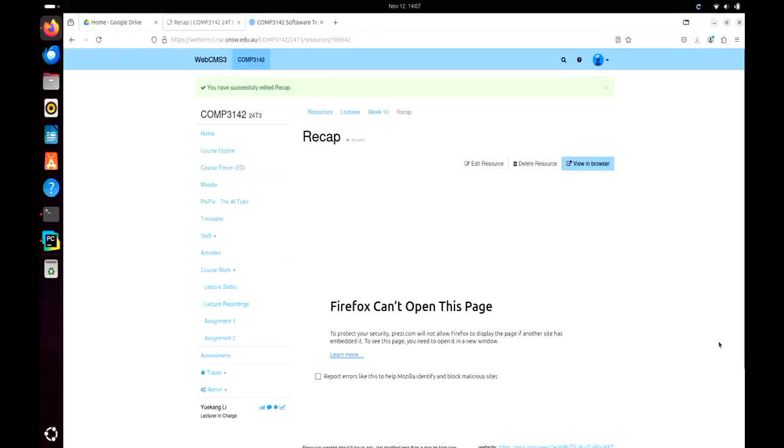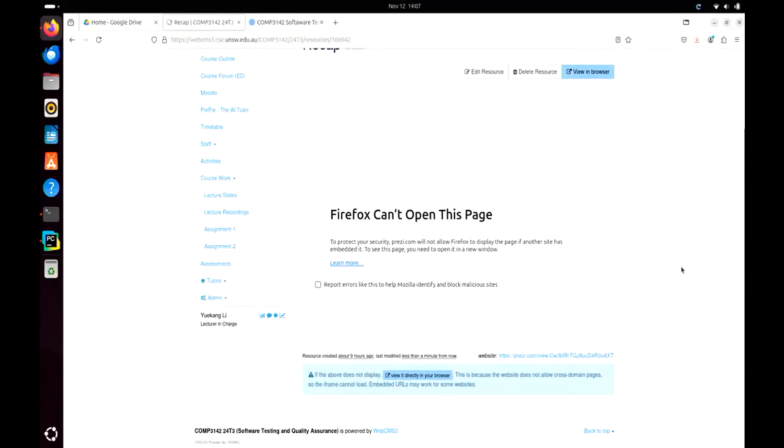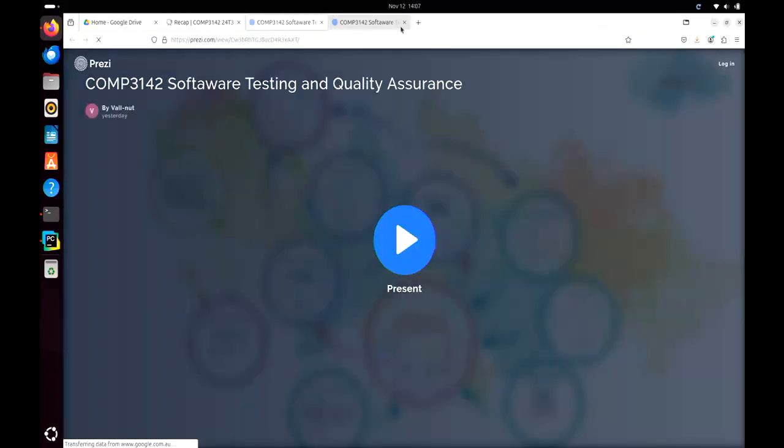So can you see it now? Refresh the page. So yeah, if you just have a look at the WebCMS page, you will see this error depending on your browser, and it's because this page cannot be embedded in another web page. So you have to click on View in the browser to view the slides.